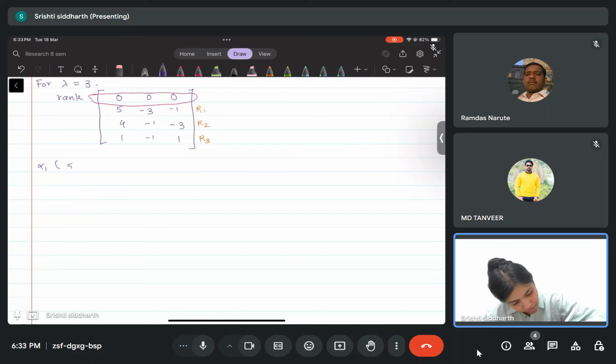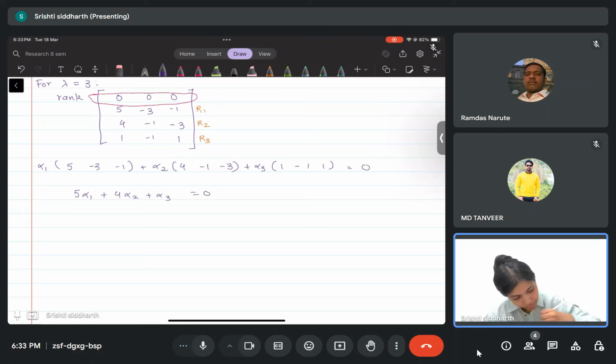For alpha 1 times 1, 5, minus 3, minus 1, plus alpha 2 times 4, minus 1, minus 3, plus alpha 3 times 1, minus 1, 1 equals 0. So the first equation is 5 alpha 1 plus 4 alpha 2 plus alpha 3 equals 0.